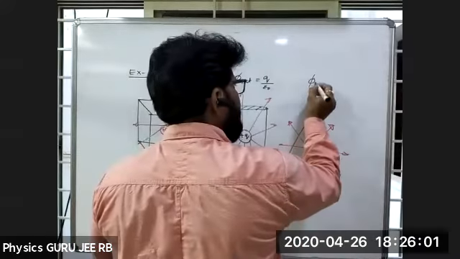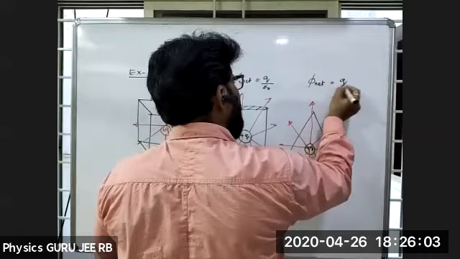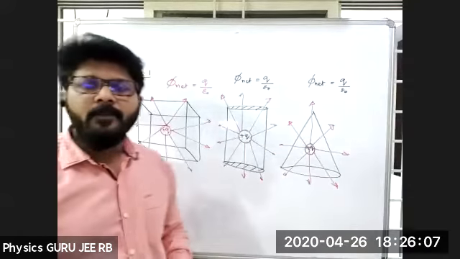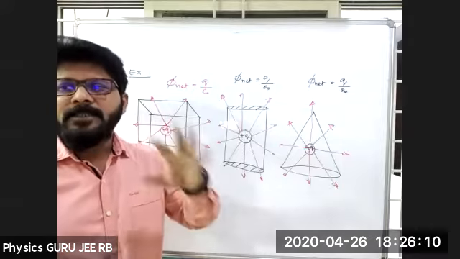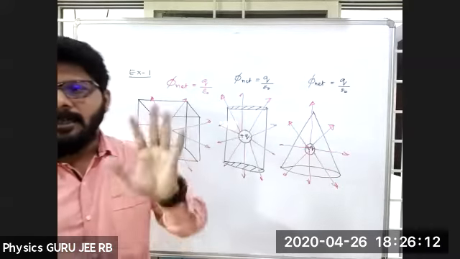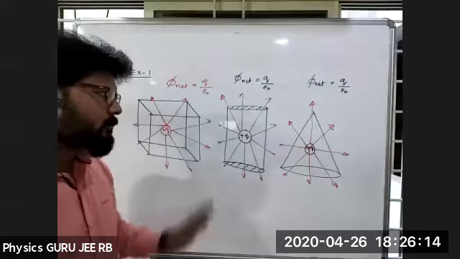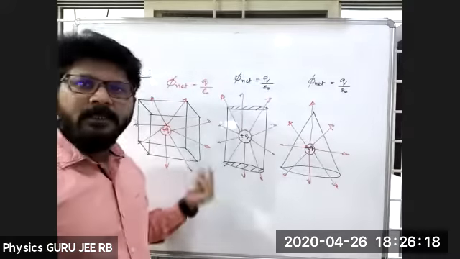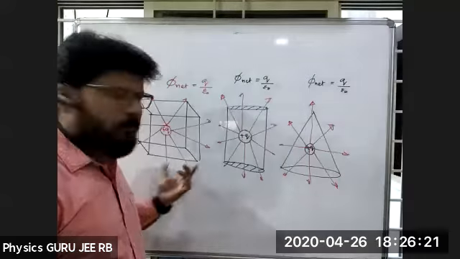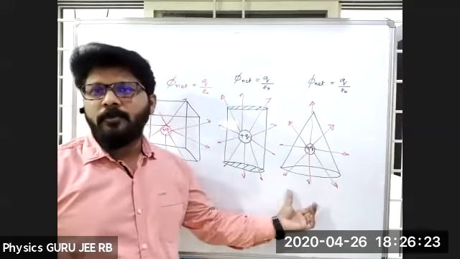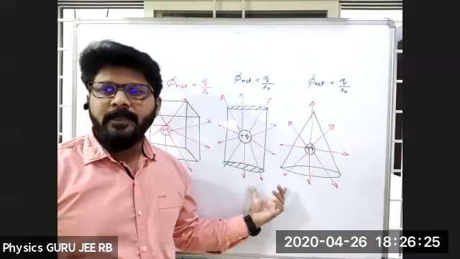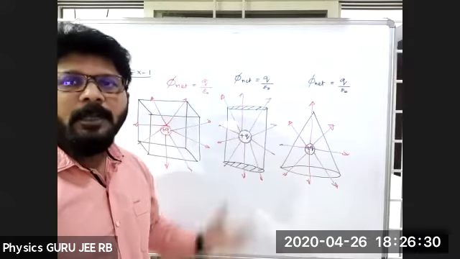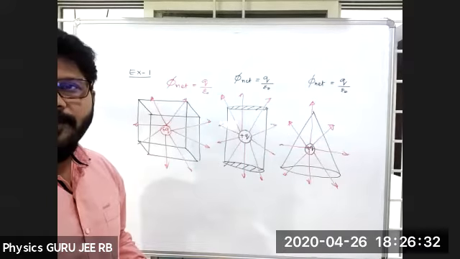Net flux will again be Q by epsilon naught. Is it clear? That means the shape of the closed surface does not affect the net flux. The only condition is the charge should be placed at the center. Whether a cylinder or a cone, the shape of the closed surface does not affect it.